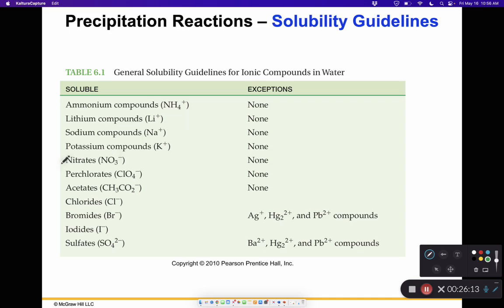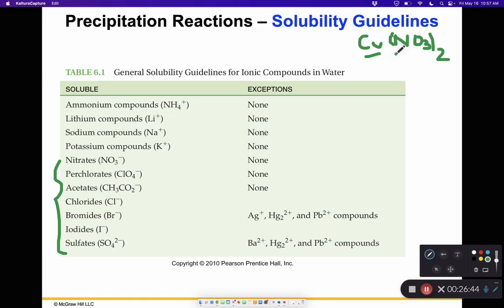Now, what if you have some other cation in the compound in a question? Then you look at the anion. Let's say you have copper nitrate, and the question is: is copper nitrate soluble in water or not? How do you use this guideline? My cation is copper. It is not from group 1A, so I cannot decide based on it.